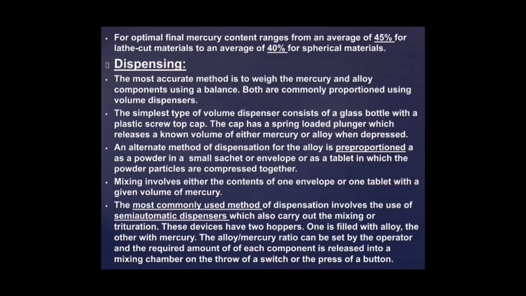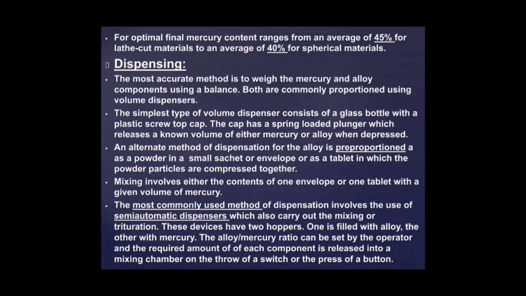Dispensing. The most accurate method is to weigh the mercury and alloy components using a balance. Both are commonly proportioned using volume dispensers. The simpler type of volume dispenser consists of glass bottles with a plastic screw top cap.